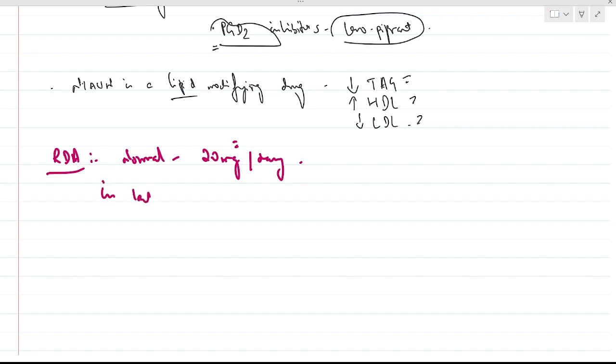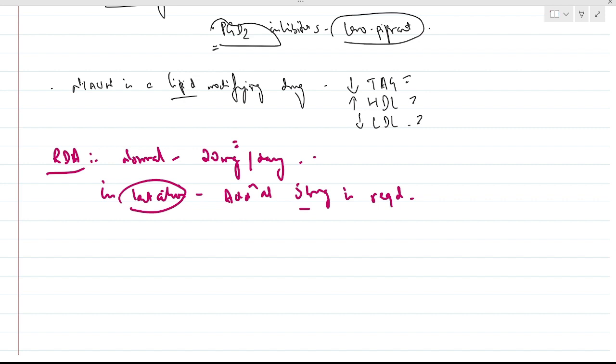During lactation, an additional 5 milligrams is required.